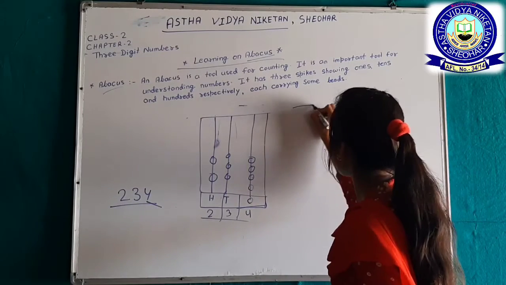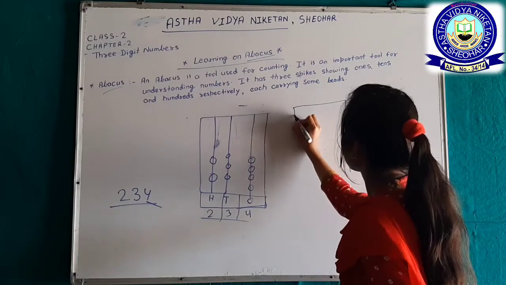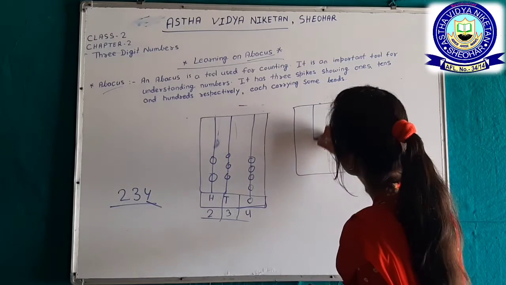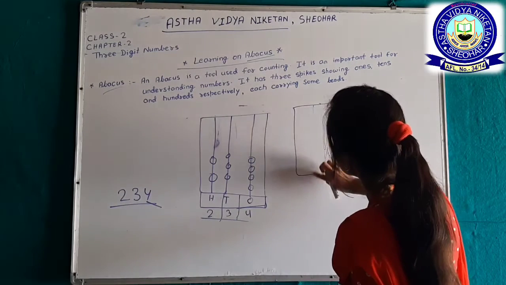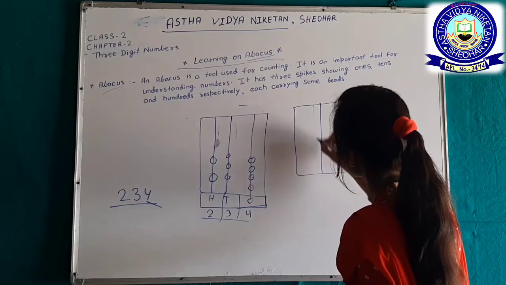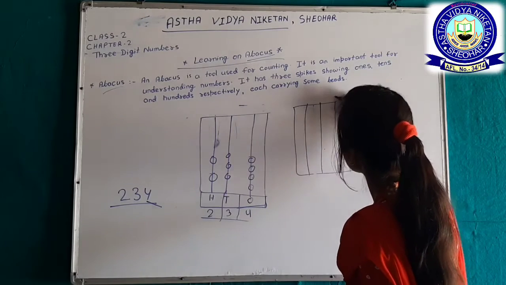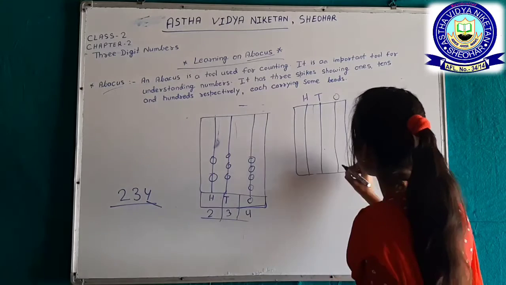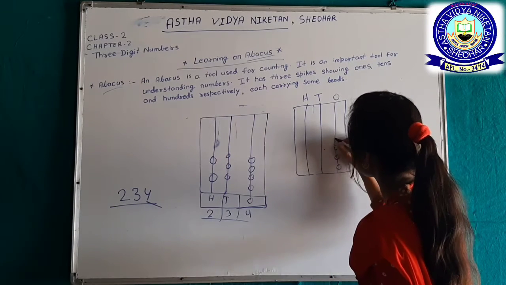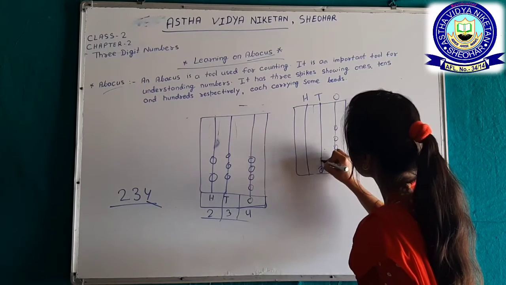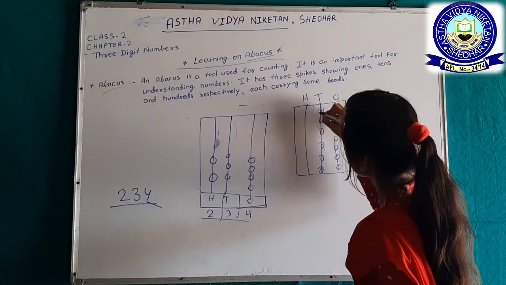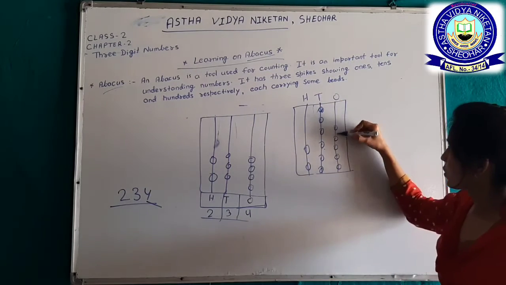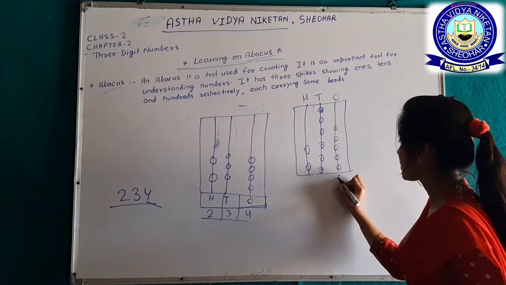Let's see the abacus. 1, 2 and 3. Ones, tens and hundred. There are some beads. In ones, there are 1, 2, 3, 4 and 5 beads.